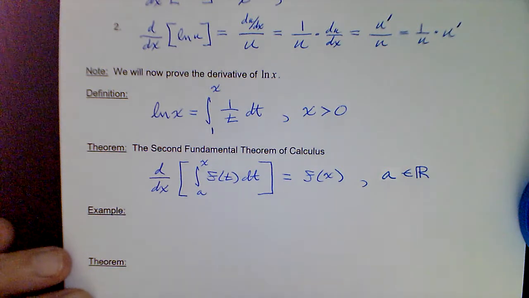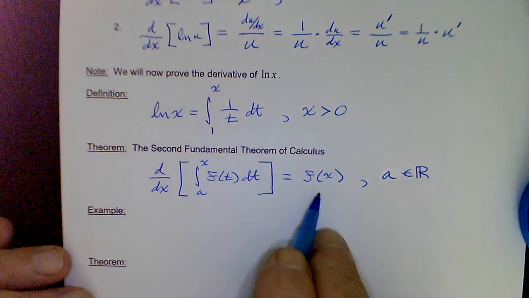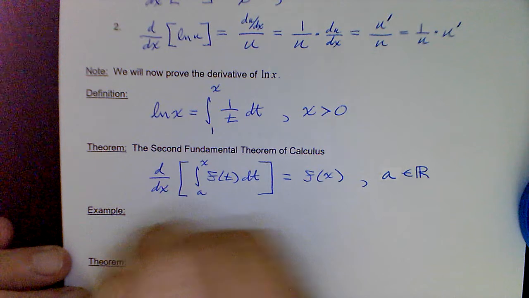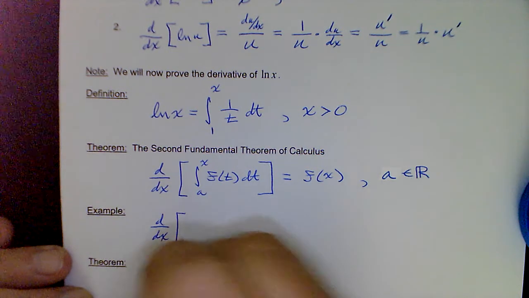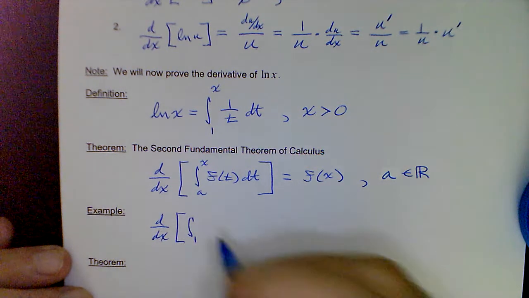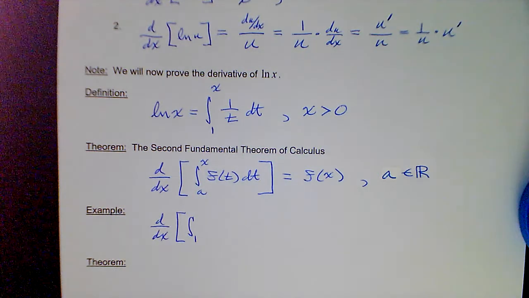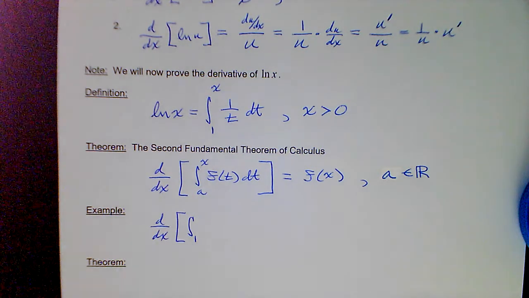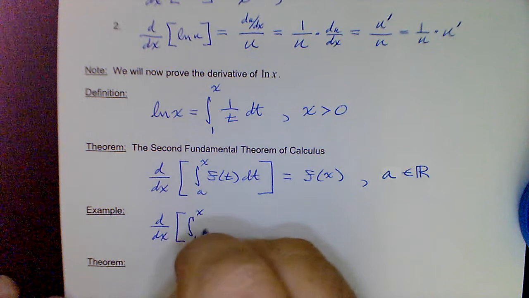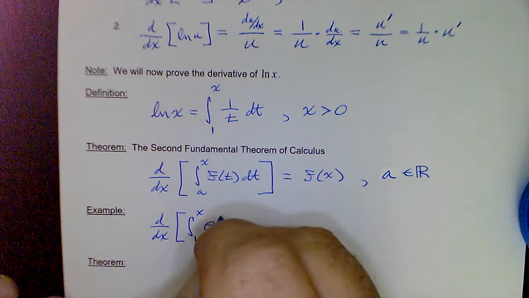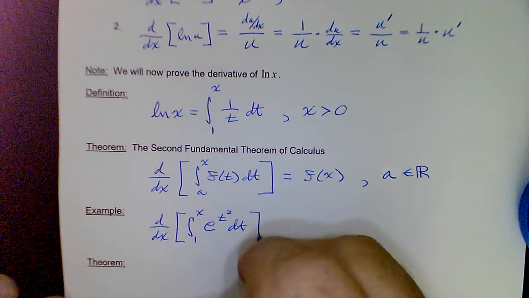Okay, just an example so you see how this works. It might seem obscure, but as an example, if you had the derivative with respect to x of the integral from 1 to x of, let's say, e to the t squared with respect to t.